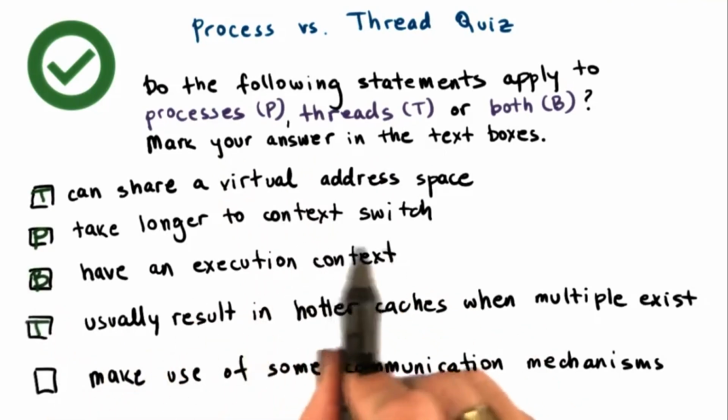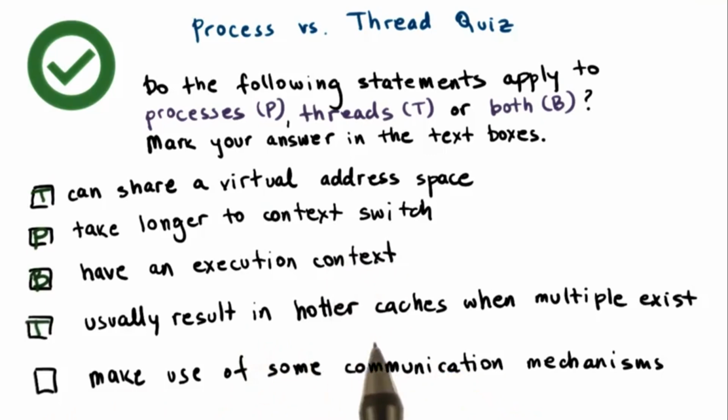Because threads share the virtual address space, it is more likely that when multiple threads execute concurrently, the data that's needed by one thread is already in the cache brought in by another thread, so they typically result in hotter caches. Among processes, such sharing is really not possible.